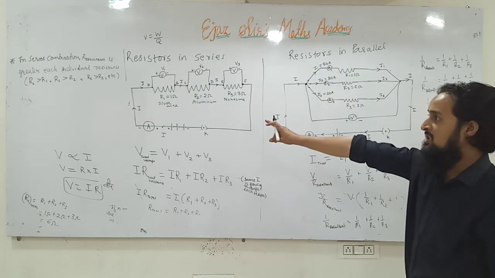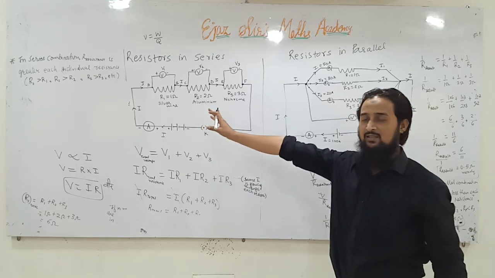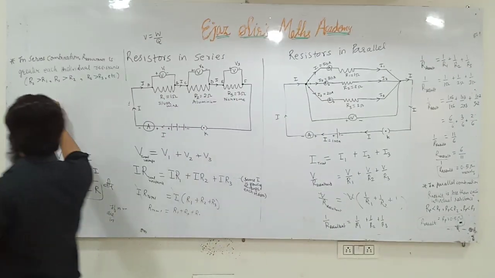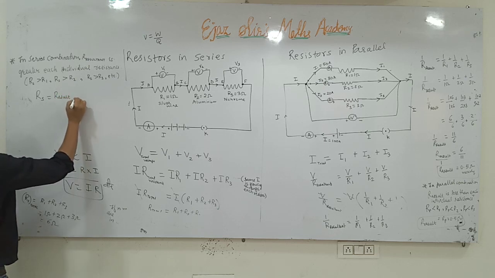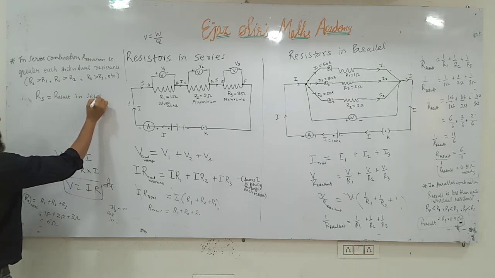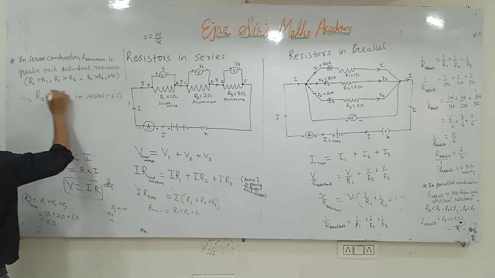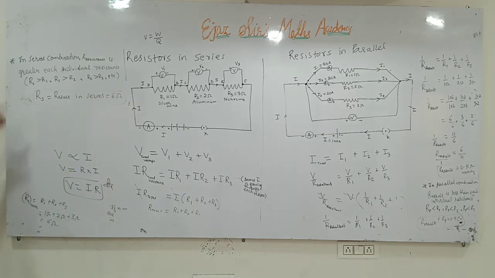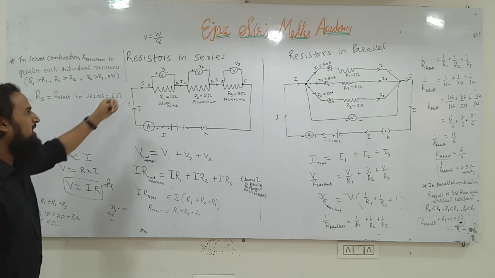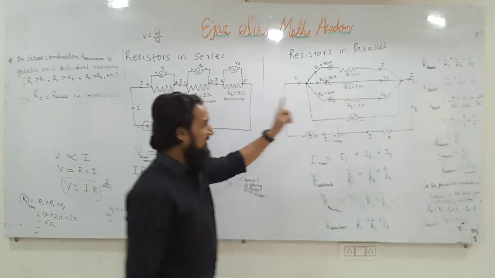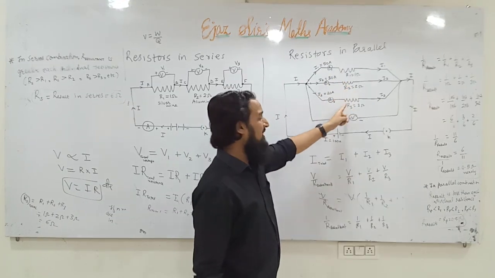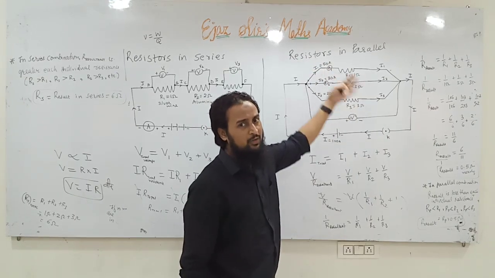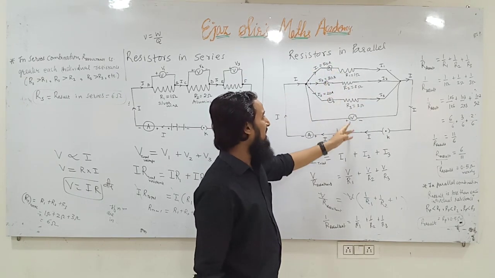In series combination, RS, total resistance, is nothing but R result in series, and its value here is 6 ohm. So in series combination, RS is greater than R1, R2, R3, each single resistance. And in parallel, RP is less than R1, R2, R3, R4, R5, R100, whatever may be the individual value.